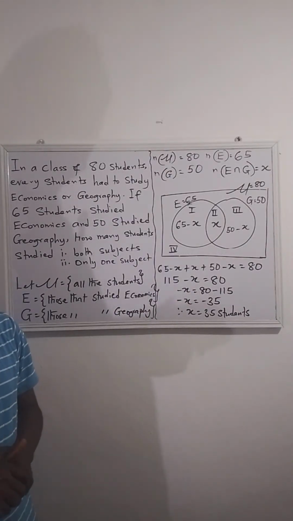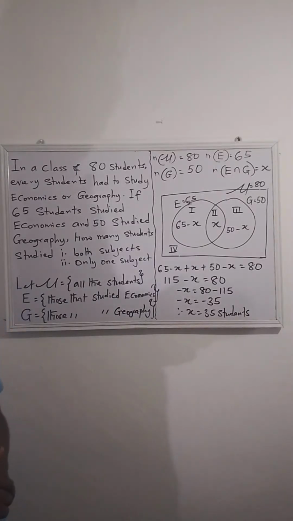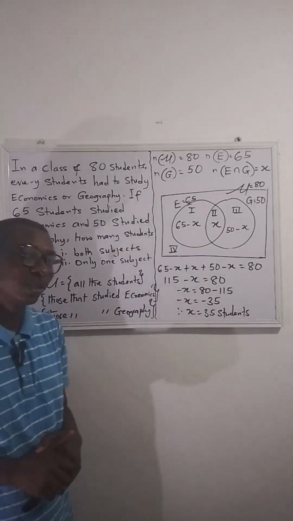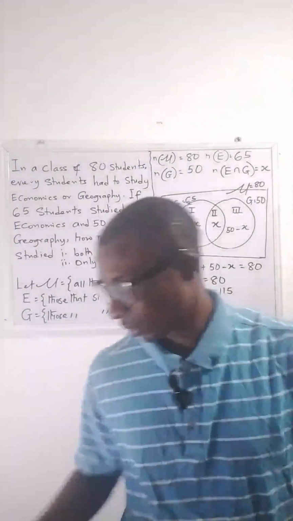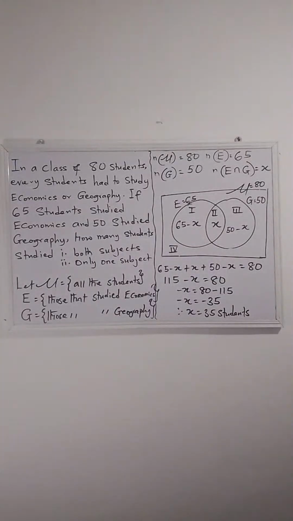Let's begin to see our answers rolling in. Let me see the first person that is going to provide the answer for us. Number of students that studied only one subject.